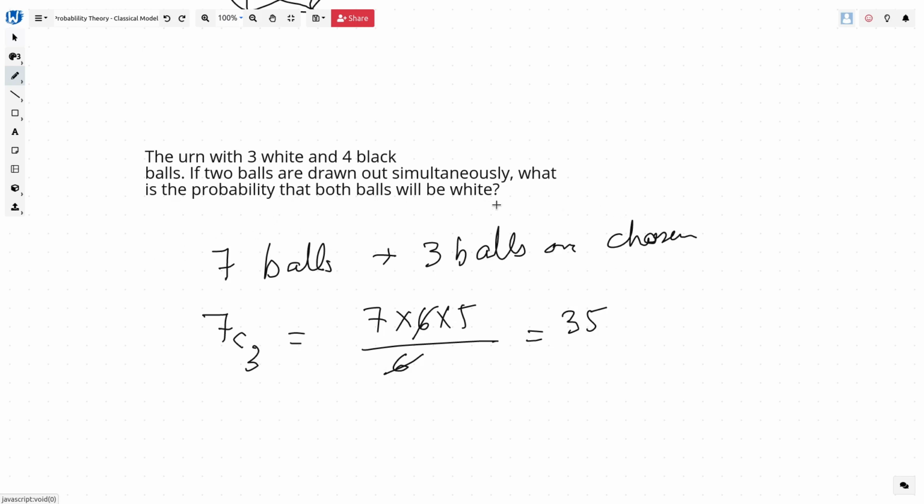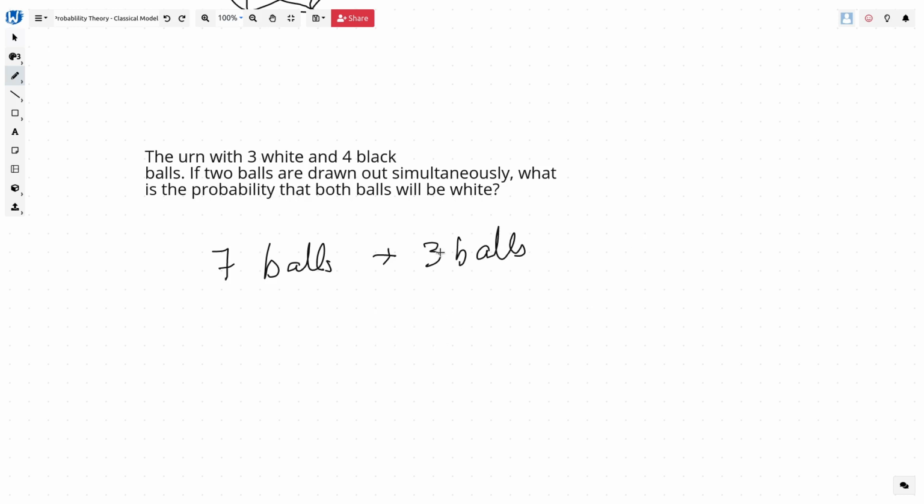What is the probability that both balls are white? Okay, so we have 3 white balls, and if 2 balls are chosen, okay, sorry, not 3 balls. So we'll just remove this part. Okay, so 2 balls need to be chosen, not 3 balls.